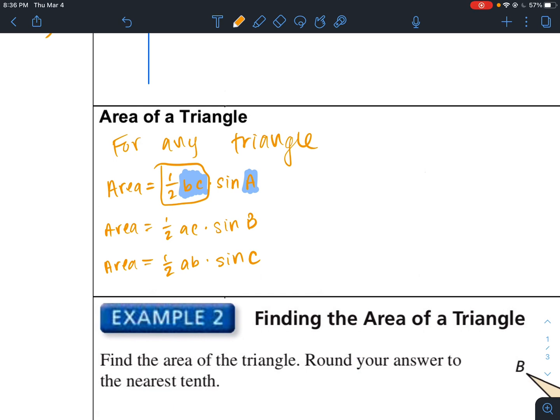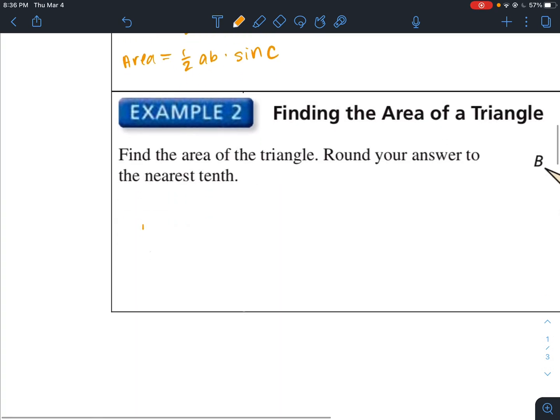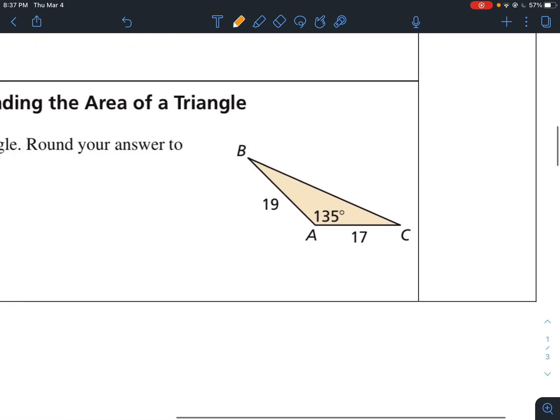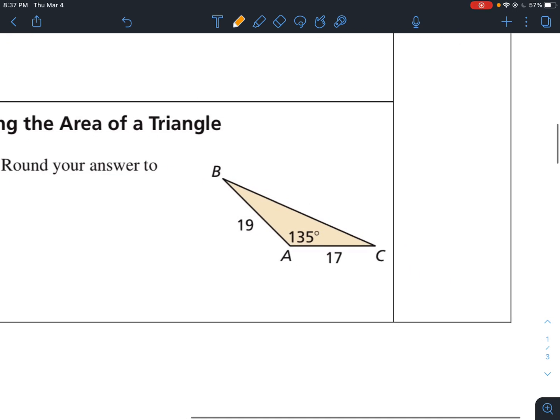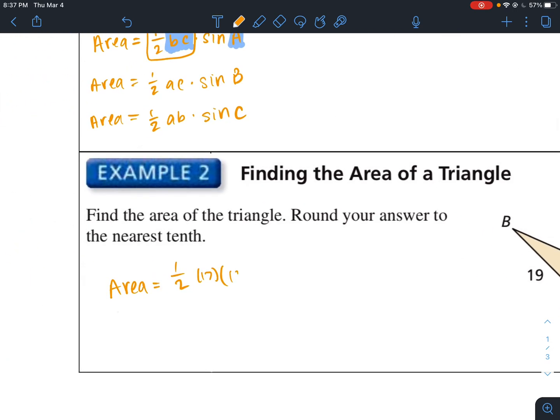So I know that the area of this triangle is equal to 1/2, okay, side opposite from B, which is 17. So 17 times the side opposite from angle C, which is 19.